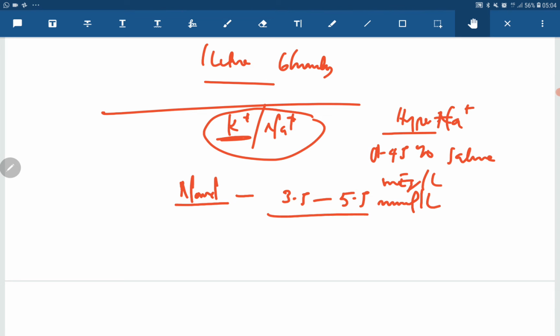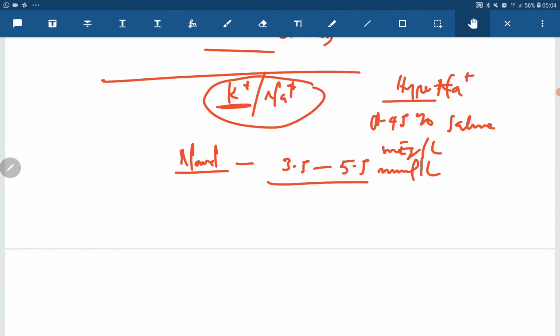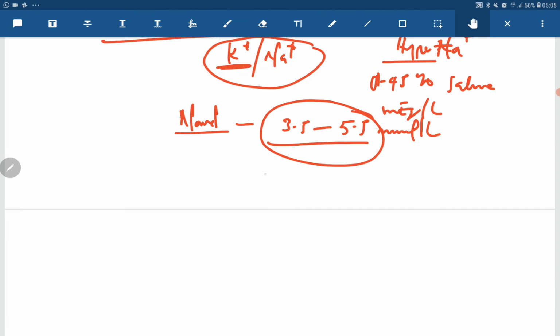For a patient who presents with a normal value, you want to maintain it, because when you give insulin, it drives in potassium. But if a patient presents with a higher value, you want to hold potassium fluid and so on while you watch the patient.